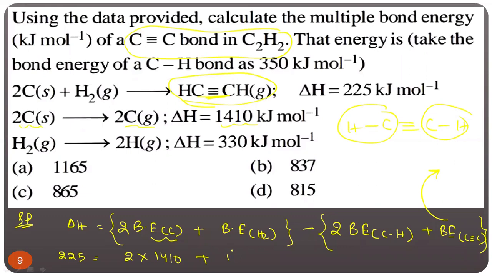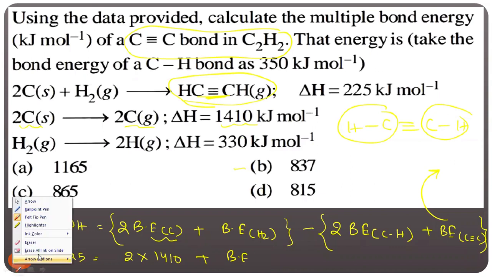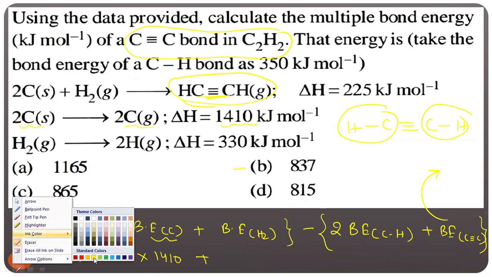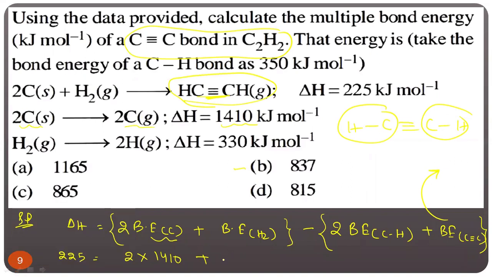Now bond energies of hydrogen is given, what? 330. So bond energy hydrogen is given 330, clear, minus 2 bond energies of CH bond. See the CH bond energy, it is given somewhere, yes, 350, okay, 350, and plus bond energies of carbon carbon, assume it is X.